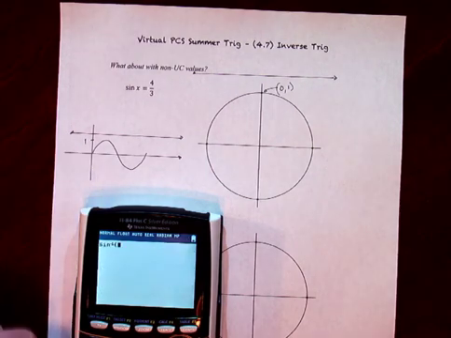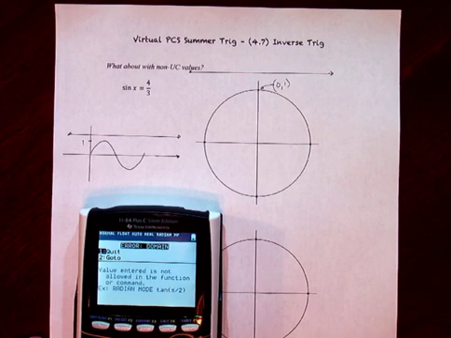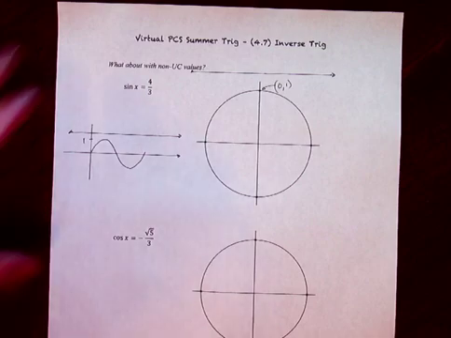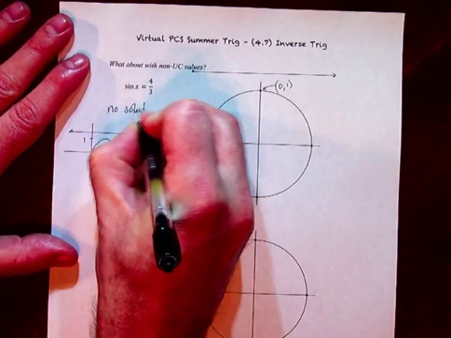If we just do inverse sine of 4/3, it takes us to the error screen. If you get the error screen like that, one of two things has happened. You have either plugged something in wrong, you've made a keystroke error on your calculator, or you have something that has no solution.